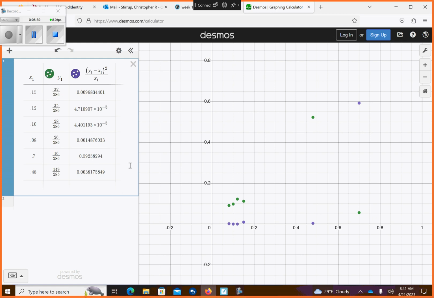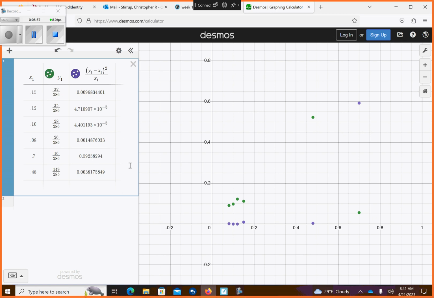If I were to add those all up, my chi-squared summation comes out to roughly 0.61, a rough estimate. So if I added up that purple column, you just have to do it with a calculator. I don't know how to do it on Desmos right off the bat, so I'm sorry.